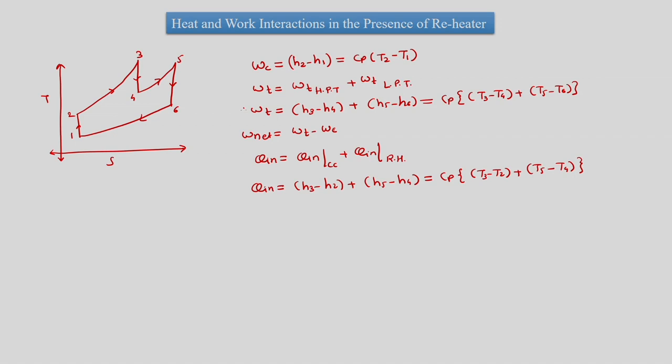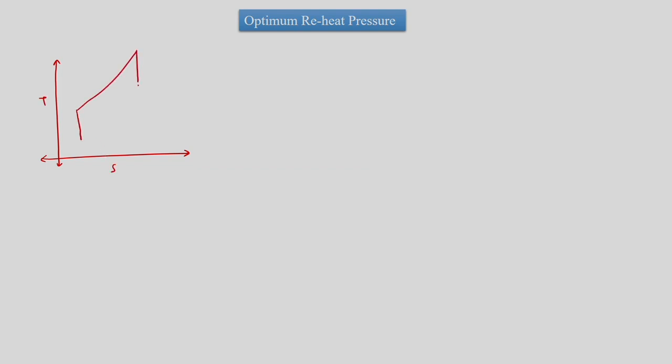So let us work out further for optimum reheat pressure. We mean here that we have seen that we do reheating, and the process of reheating starts at the exit of the high pressure turbine, and then we end the process at point 4.